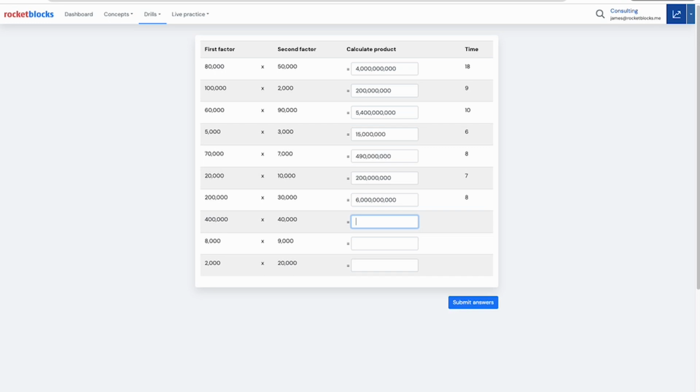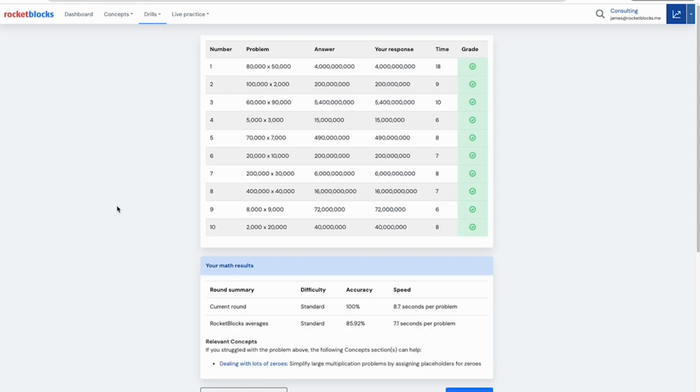That's 6 billion. 4 and 4 is 16, with 5 on the left and 4 on the right. 16 billion. 8,000 times 9,000 is 72, with 6 zeros. 72 million. 2,000 times 20,000 is 4, with 7 zeros. So that's 40 million. Let's submit our answers and see how we did.